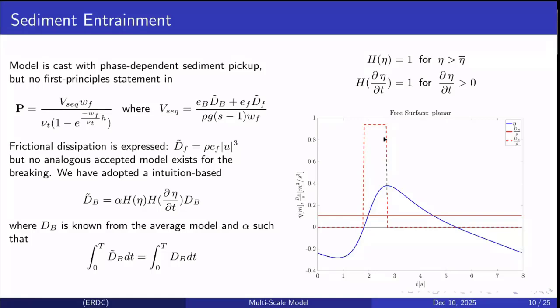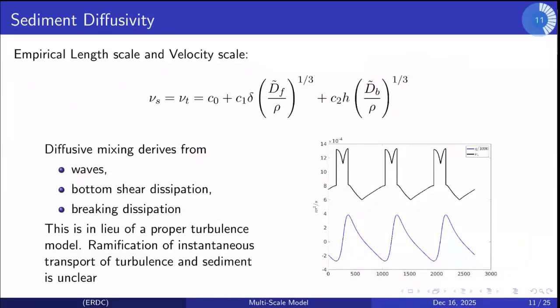Now again, is this exactly correct? Probably not. But you need to have some way of moving from the phase-averaged world into the phase-resolved world without a great deal of numerical complexity. So it's a pragmatic solution to the problem.